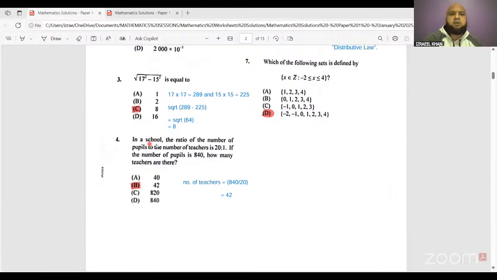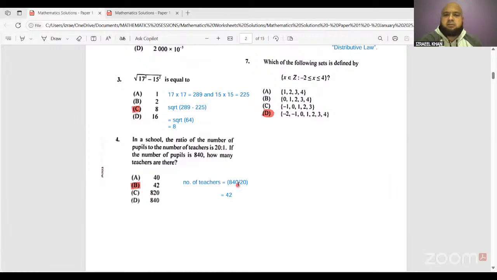Number 4. In a school, the ratio of the number of pupils to the number of teachers is 20 to 1. If the number of pupils is 840, how many teachers are there? Reading this, we can assume that in a classroom we have one teacher and most likely 20 students. So how many classes will I have from 840? I divide 840 by 20.